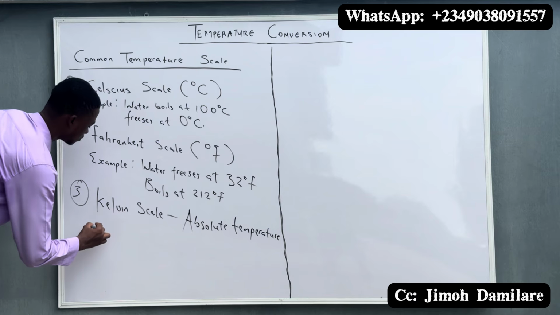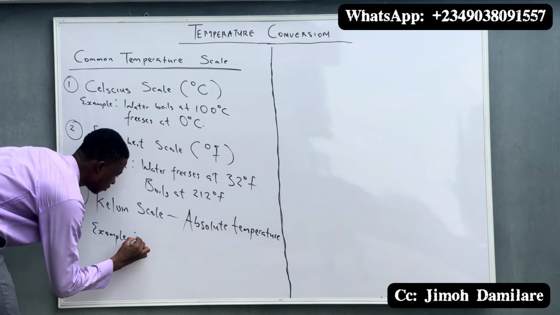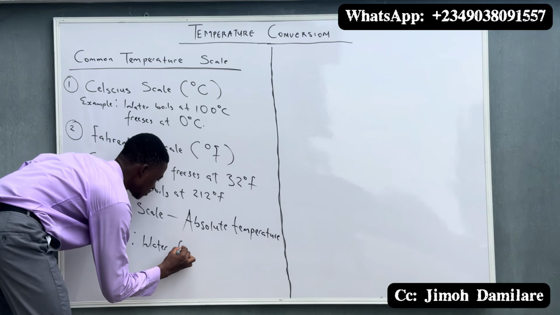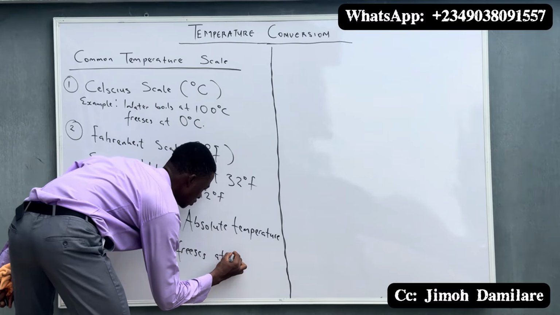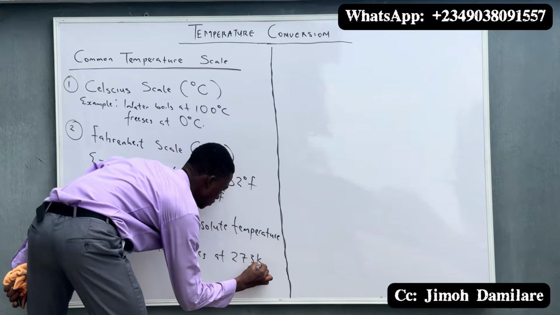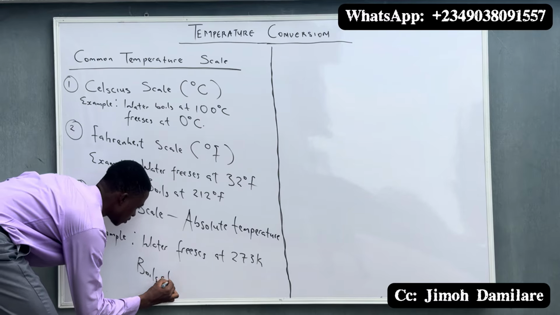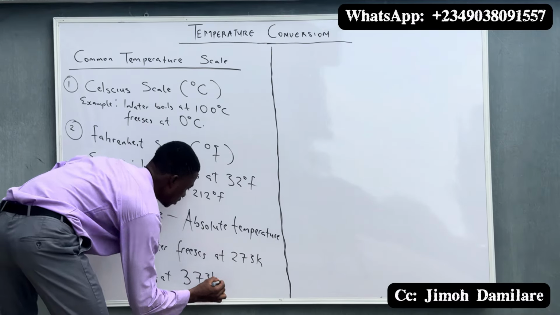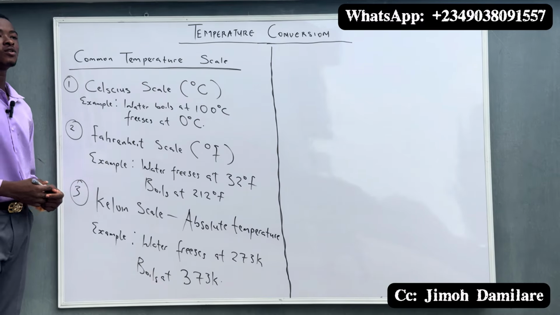For example, we can say water freezes at 273 Kelvin and boils at 373 Kelvin. So this is just an example of the common temperature scales.